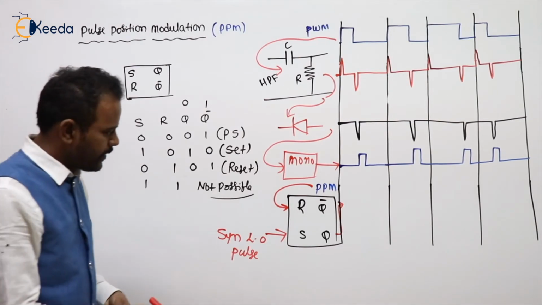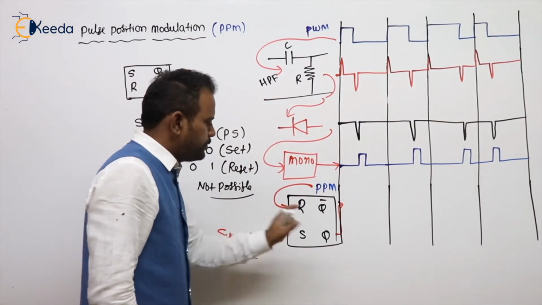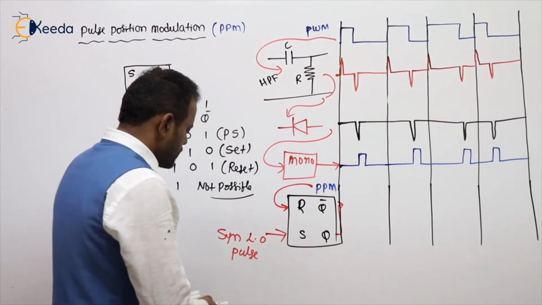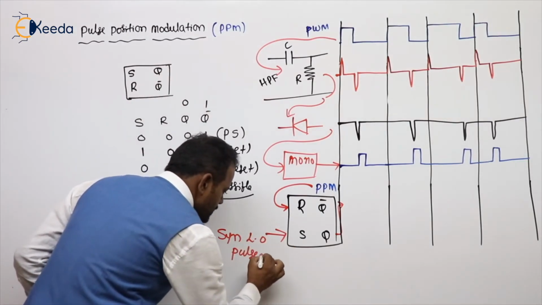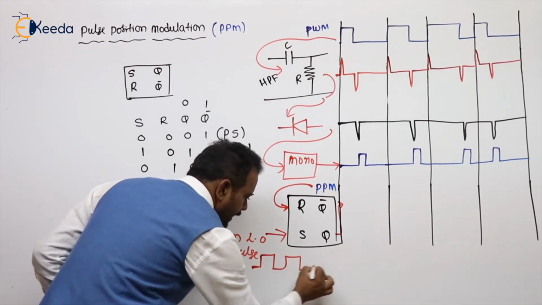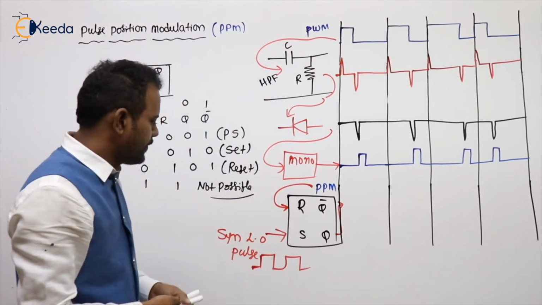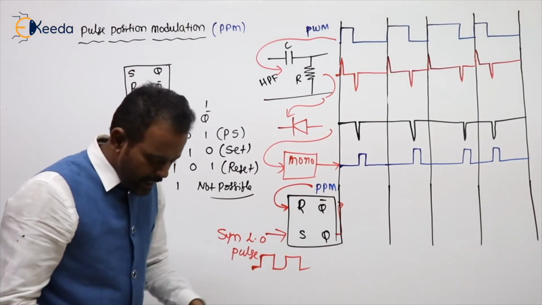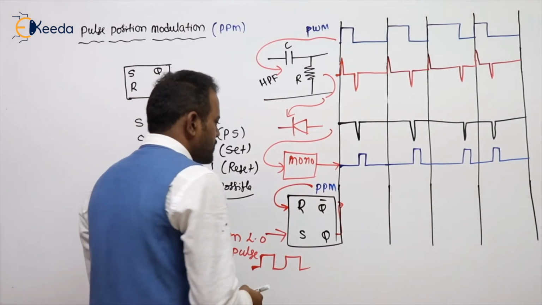Now follow. Let's check. Previously, nothing is there. We are giving synchronized pulses at the required carrier frequency. S is given, which means set.